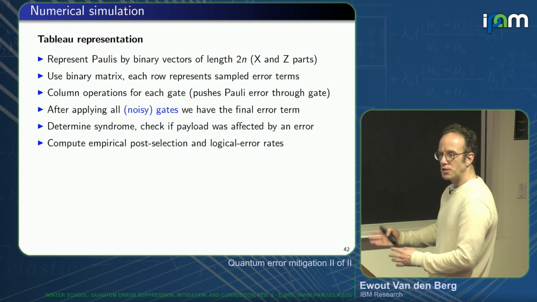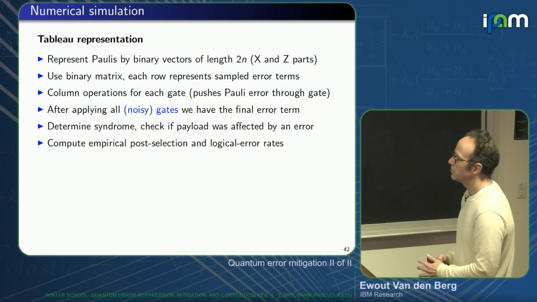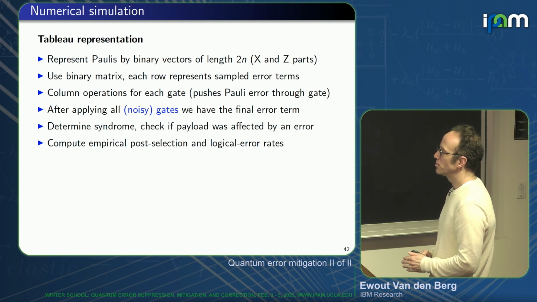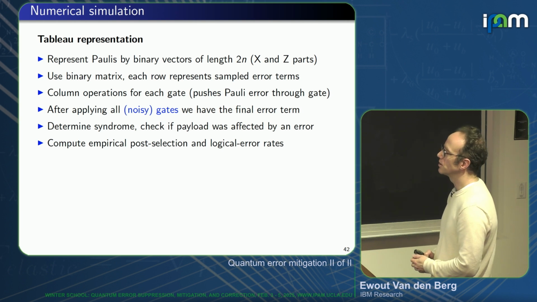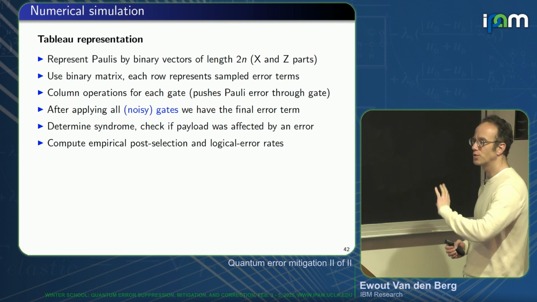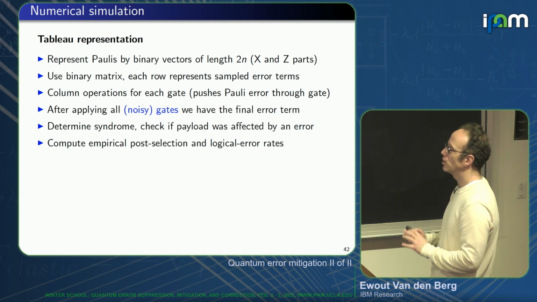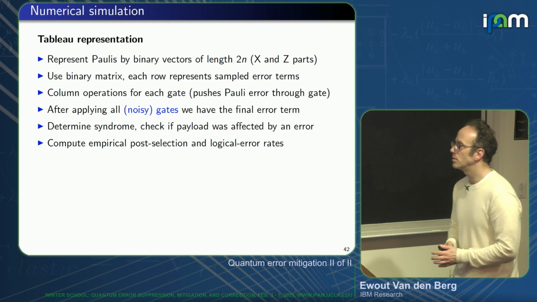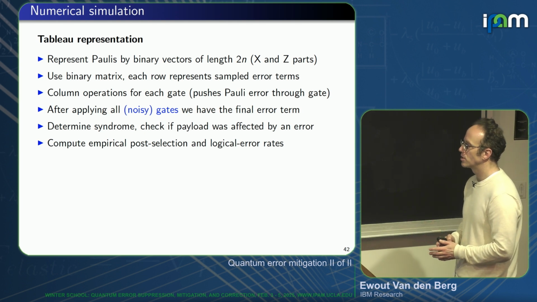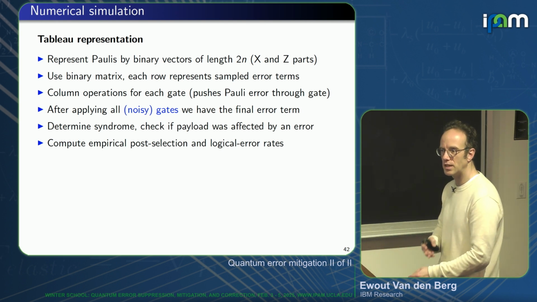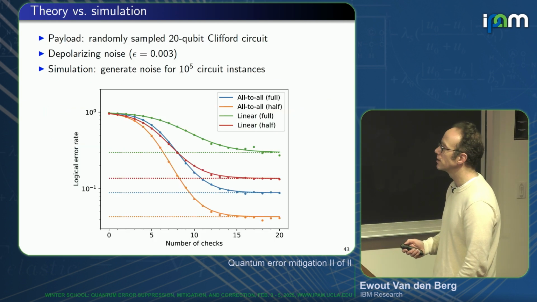You don't really need to take shots at that point, because if there is an x or a y term before your check measurement, you know it's going to be flipped, and you know originally it's supposed to be 0, so you know you would measure a 1. So you know if it was affected by an error. If you do that for different settings, you can compute the empirical post-selection and logical error rates. You know if there was an error, you know if it was detected, so you take a lot of samples and you just calculate it.